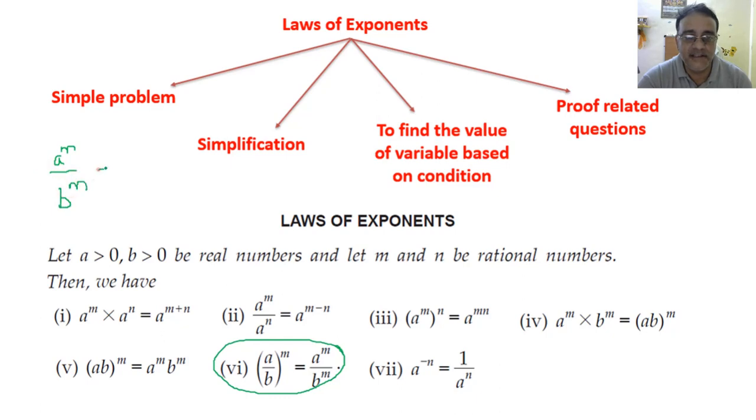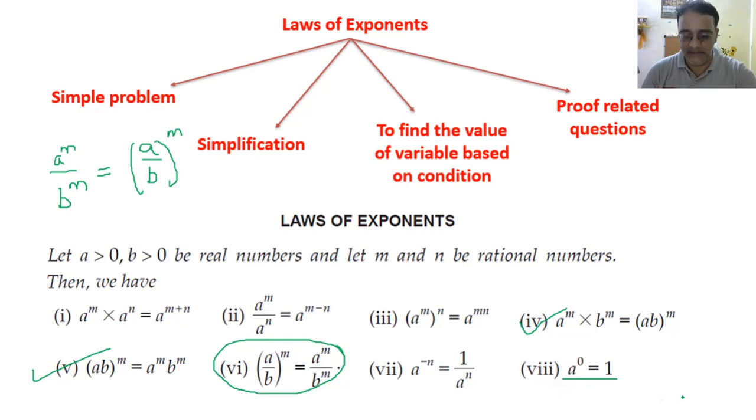If it is given in this form, then you will get a upon b whole to the power m. ओके. इसका उल्टा जैसा हम लोग ये वाला लिखे थे ना, this two, वैसे ही. And the last one is a to the power 0. The value of a to the power 0 is 1.